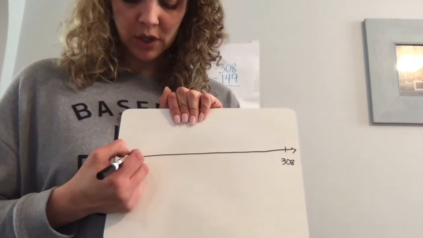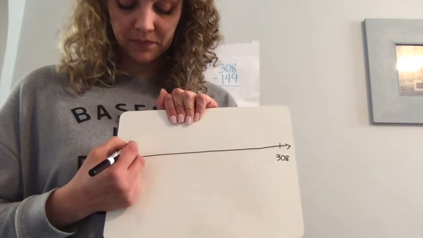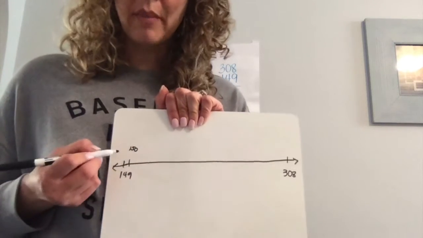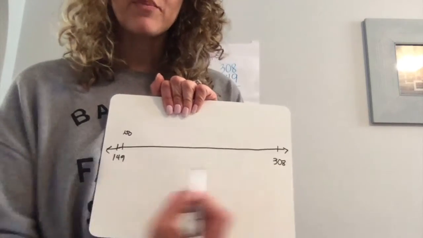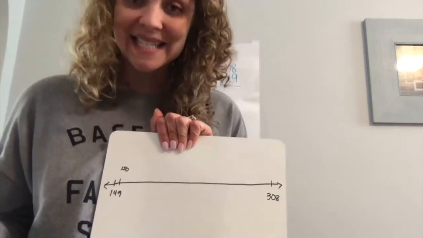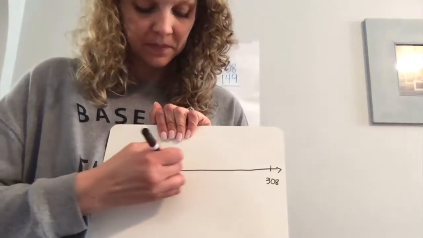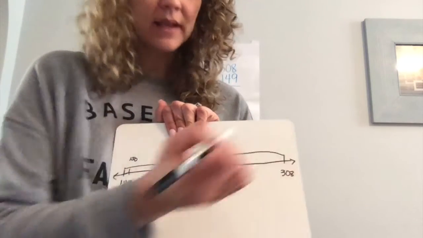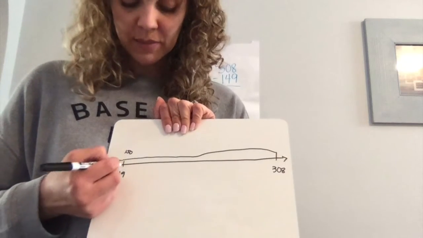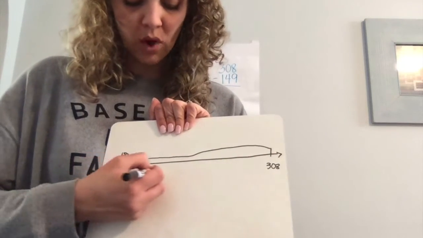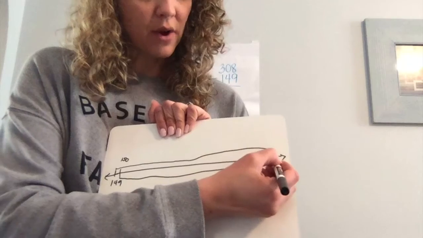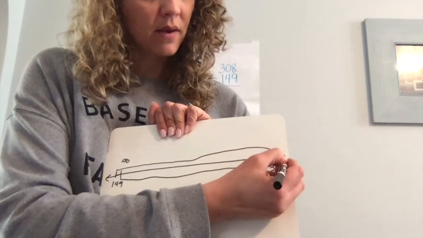So let's just say we're going to adjust this to 150. We adjusted it by 1. If we're going to keep the difference or the distance between the two numbers the same, the original distance is like that, right? In order to keep the distance the same, we have to also adjust our other number by 1.